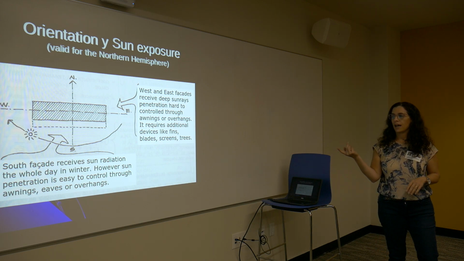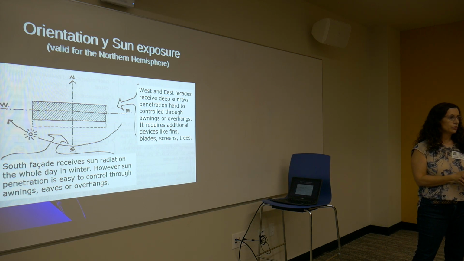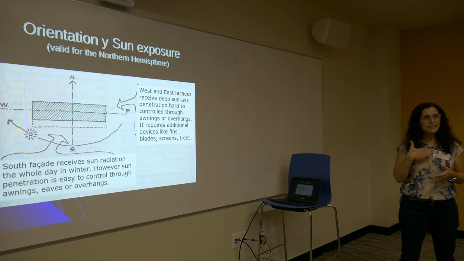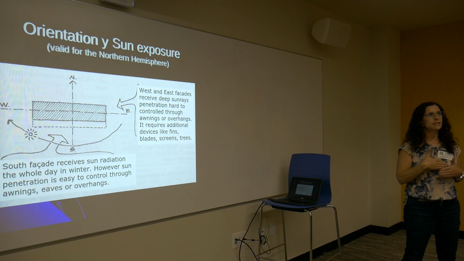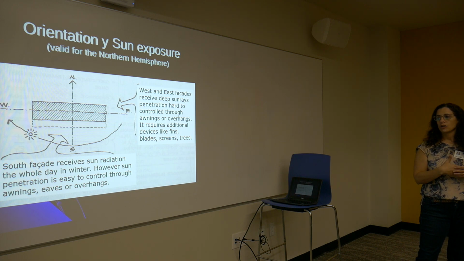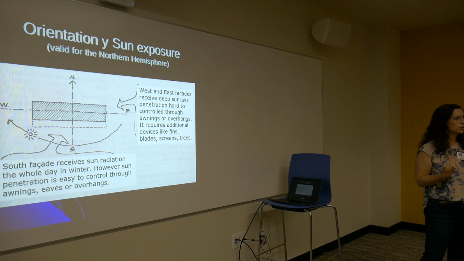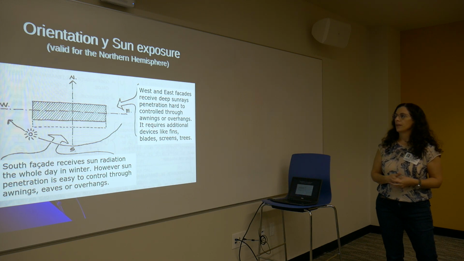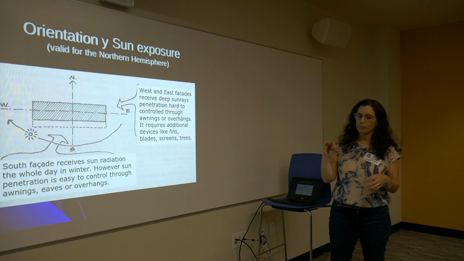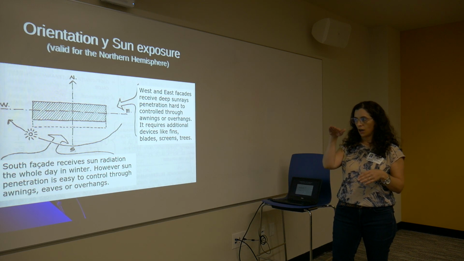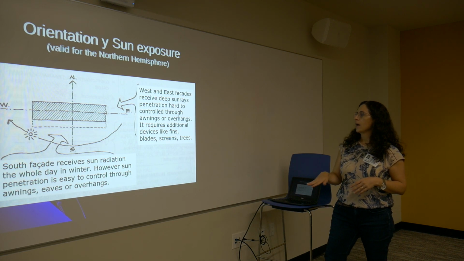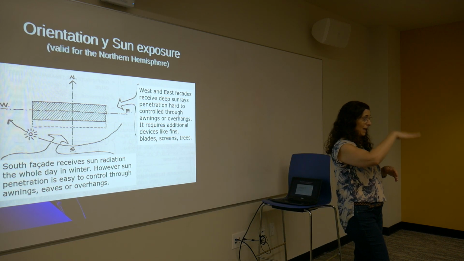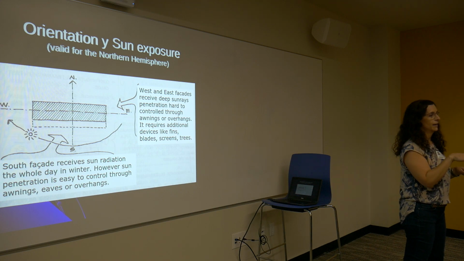So the south facade receives the most sun radiation during the whole day, but it's the easiest face that you can control, and that is with overhangs or awnings. The west and east facades receive much deeper sun, at a lower angle, but it's harder to control with an overhang, because when the sun is that low, there's no overhang that can stop it.